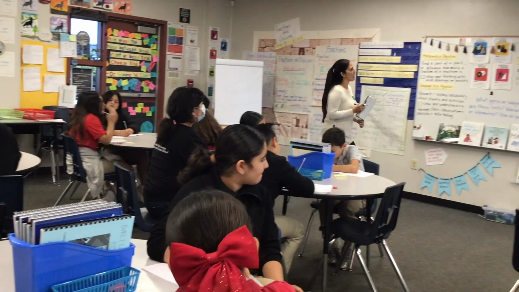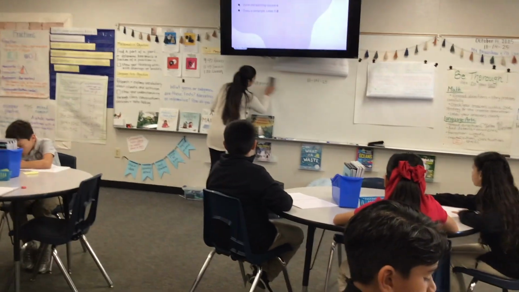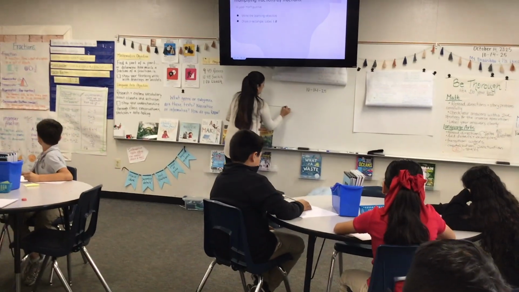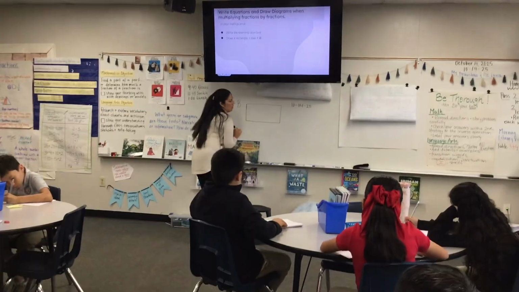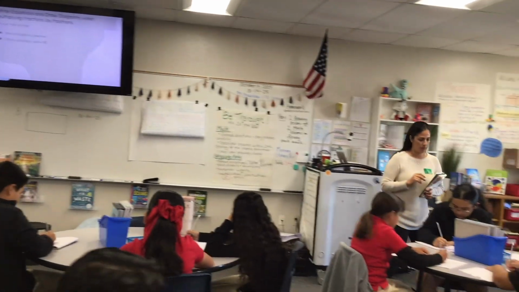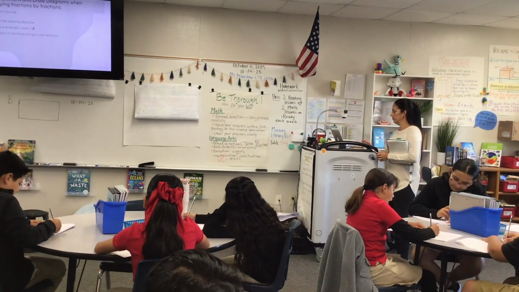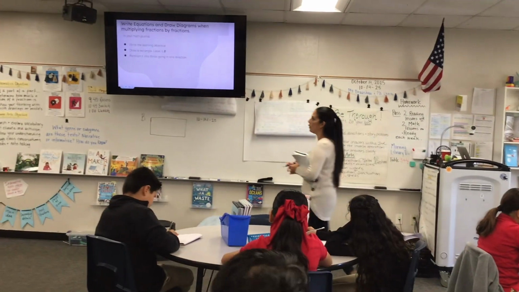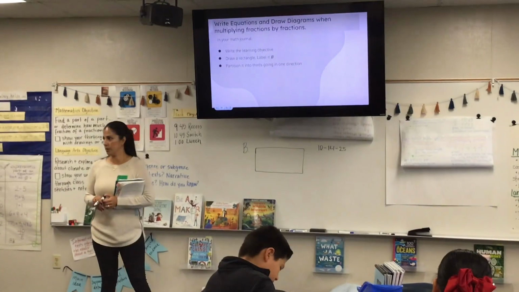So first step, it's asking us to draw a rectangle, right? And we're gonna label it what? B. We're gonna label it B. Then it's asking us to partition it into thirds going one direction.